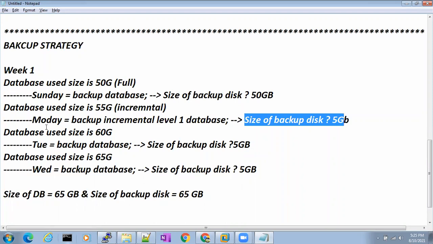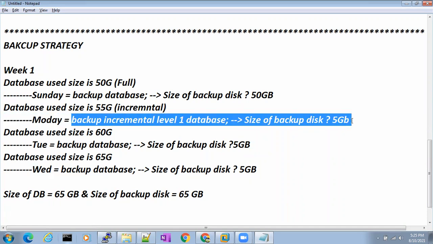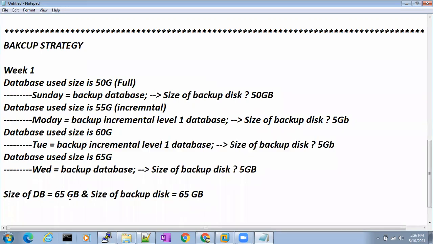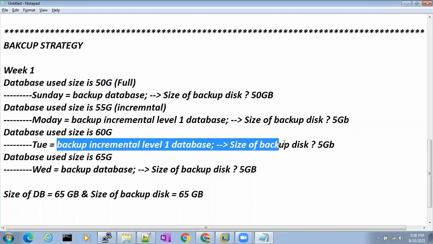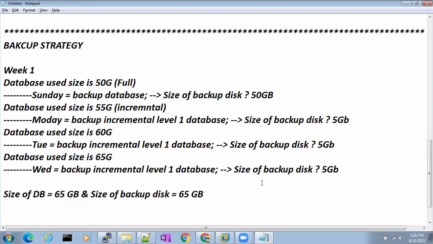From Tuesday, again I will use the same, backup incremental level 1 database. Tuesday, whatever the changes happened between Monday and Tuesday will be backed up. Wednesday, again I will use the same command, backup incremental level 1 database.